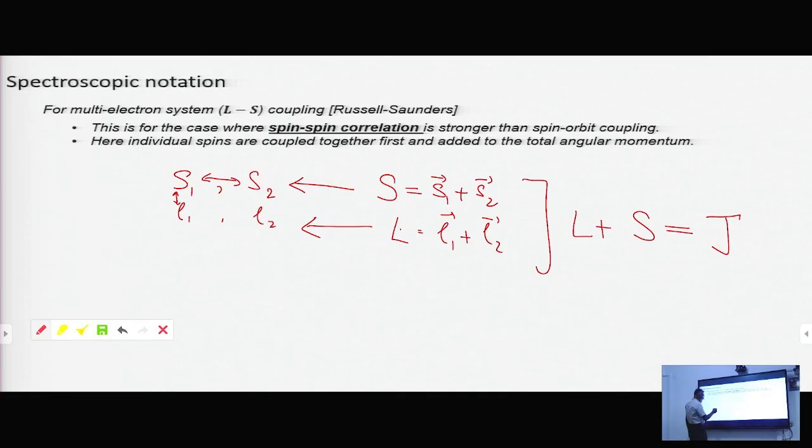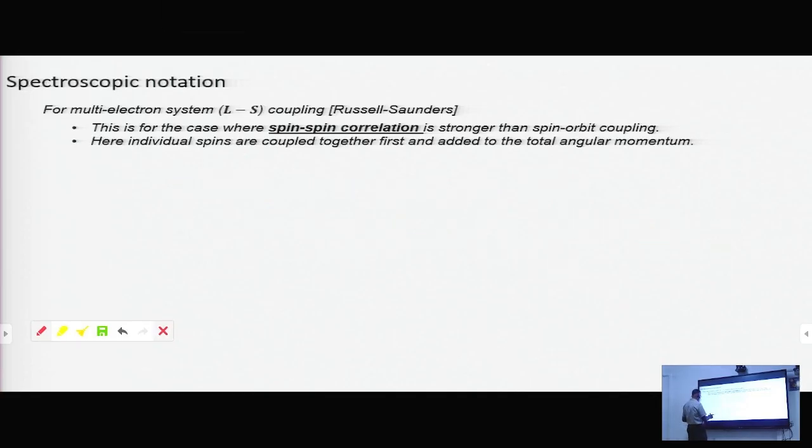Now the other coupling is called JJ coupling. Here you write small j.